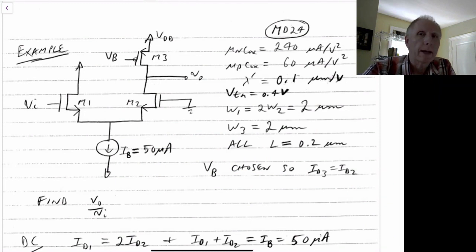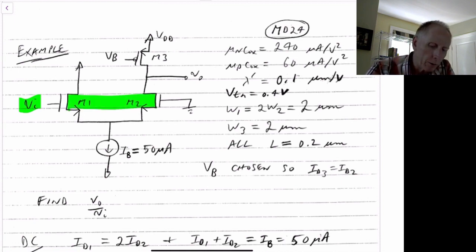So let's look at this example with a differential pair. In this example, we have a single input VI driving a differential pair M1 and M2, and we have a current source load M3 and the output voltage Vout. M2's gate is connected to ground, so even though it's a differential pair, we can still drive it with just one side.